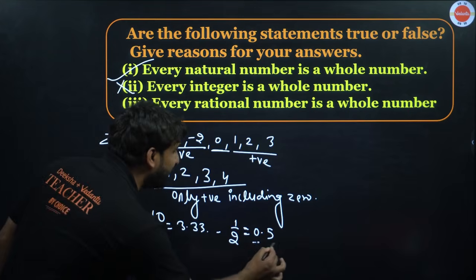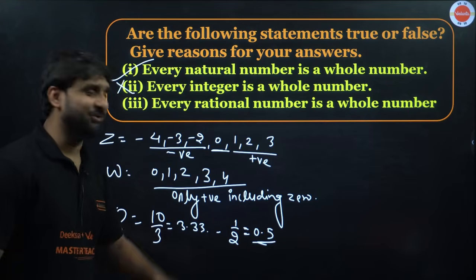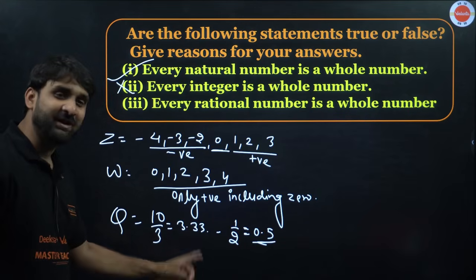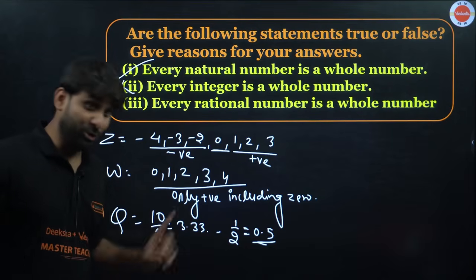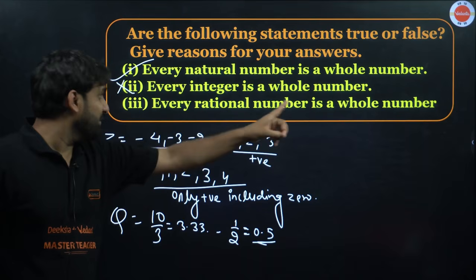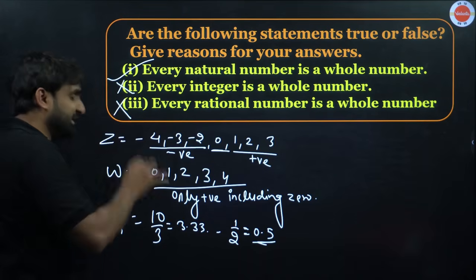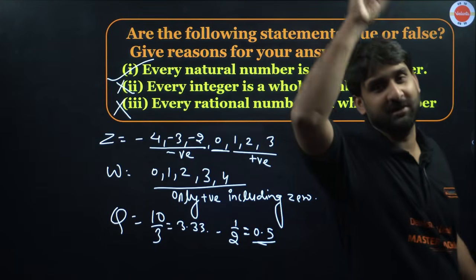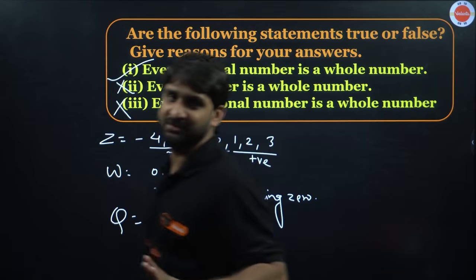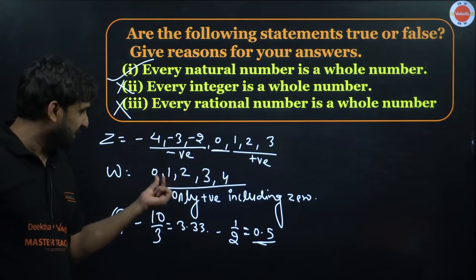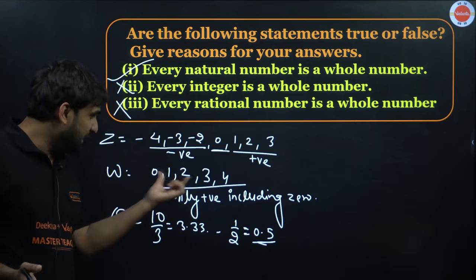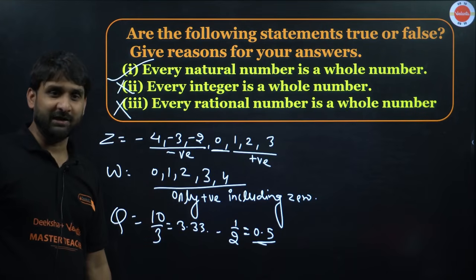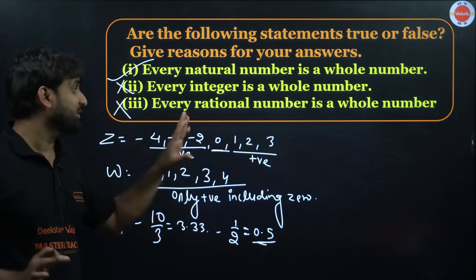But 0.5 and 3.33 do not come in whole numbers. These are rational numbers but not whole numbers. Whole numbers are just whole values, 1, 2, 3, 4, 5, positive values, and they do not include decimal values. So this is a wrong statement.